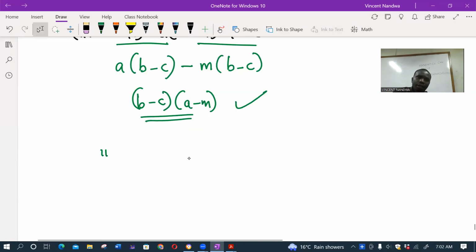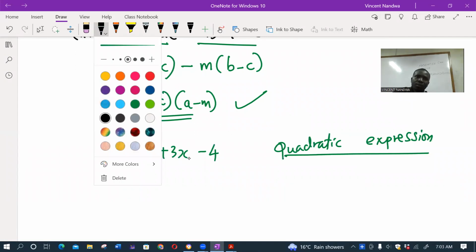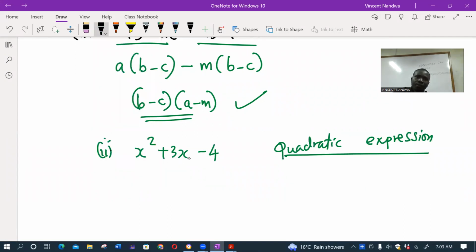And then lastly, 3, we had x squared plus 3x minus 4. This is a quadratic expression. For quadratic expressions, you try to expand the middle term so that you can write it as a sum of 2 terms, to ensure that we have an even number of terms so that we can pair, as you have done in the previous problem 2.